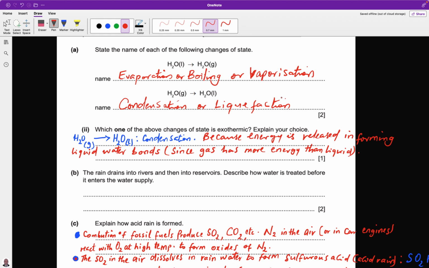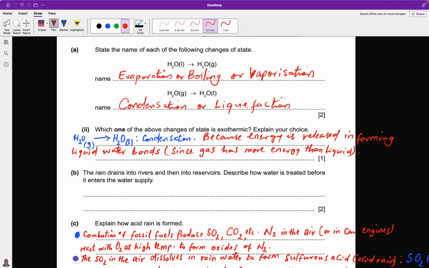Gases have more energy than liquid. We need more energy to convert liquid to the gaseous form. Now the gases have more energy. For them to come back to the liquid form, that energy must be lost. So it should be from gas to liquid, because energy is being lost.